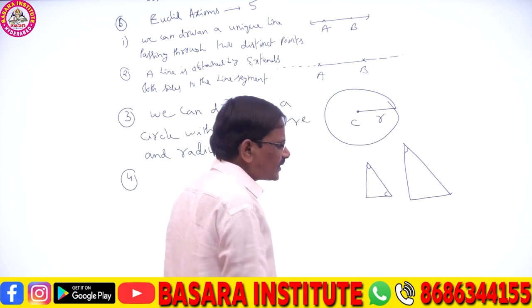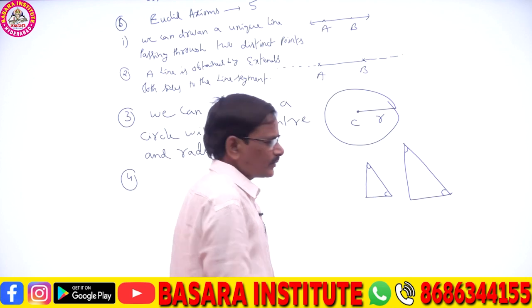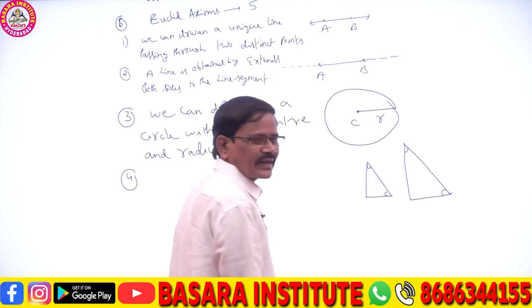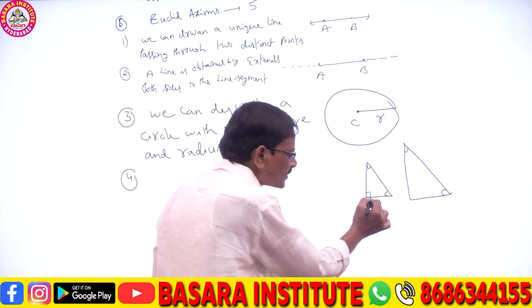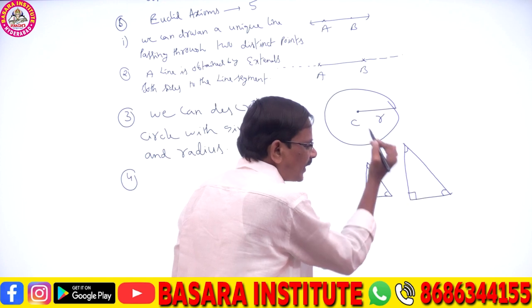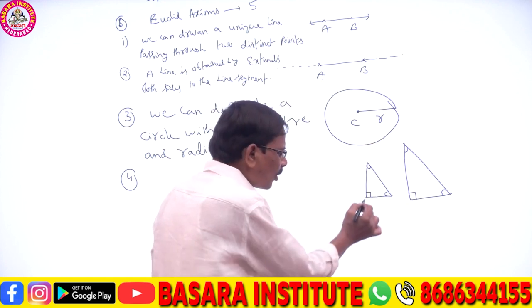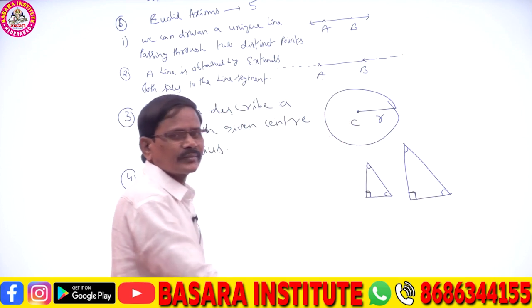The angle at this vertex may not be equal to the angle at this vertex, but the angle formed at this vertex is always equal to the angle formed at this vertex. That means all right angles are equal to each other.